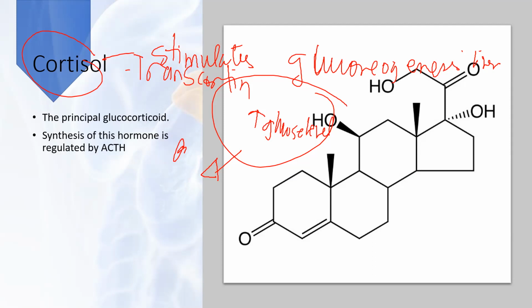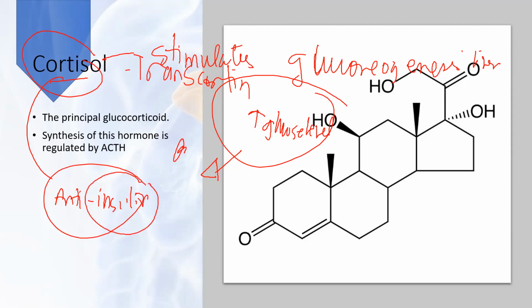And take note, guys, that our cortisol has what we call an anti-insulin effect. Bakit anti-insulin effect? Again, if you still remember the action of our insulin hormone, insulin is to allow the entry of glucose to the cells para ma-metabolize, magamit.